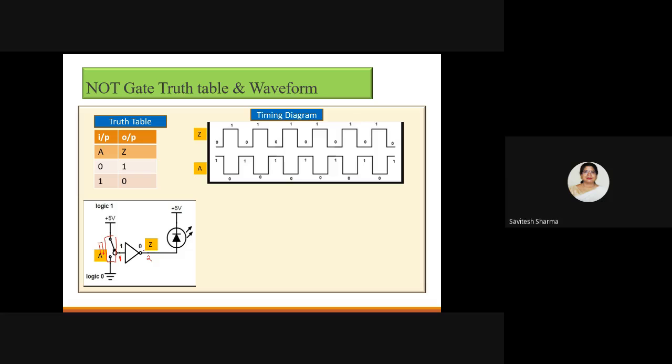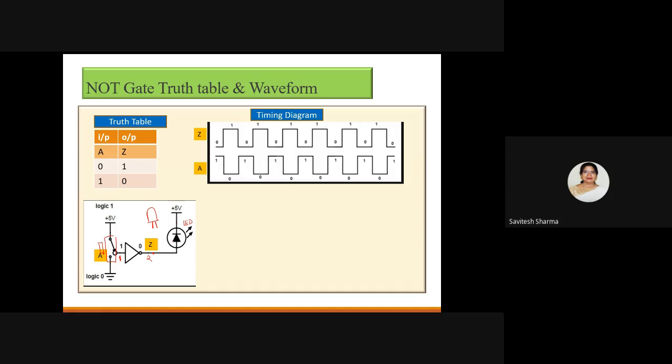What is the output? You will use an LED. The LED will be like this, each LED will have two legs. One terminal you will connect with pin number 2 of the IC, and one leg you will connect to the plus 5 volt.